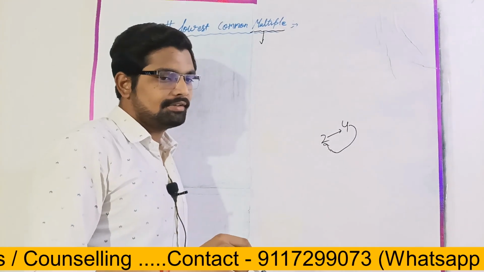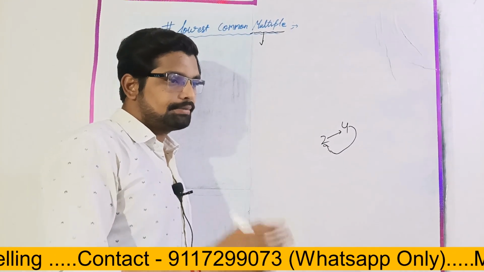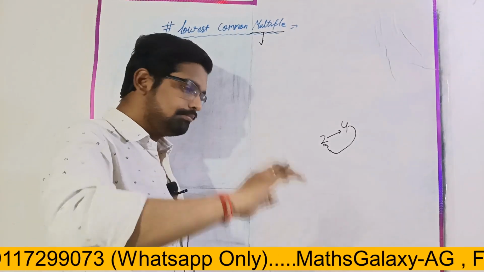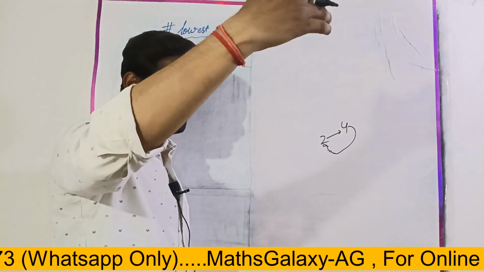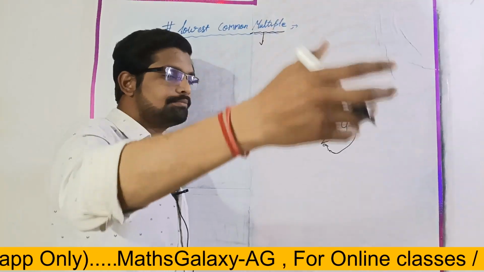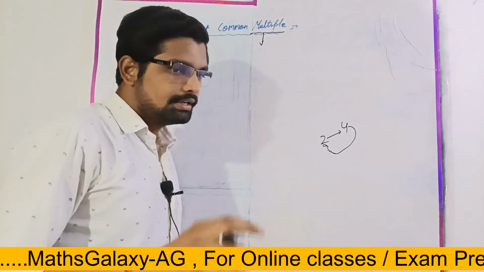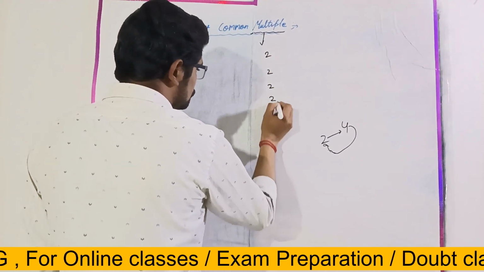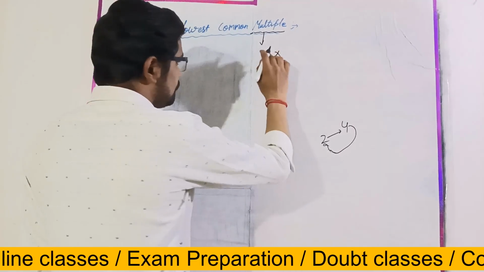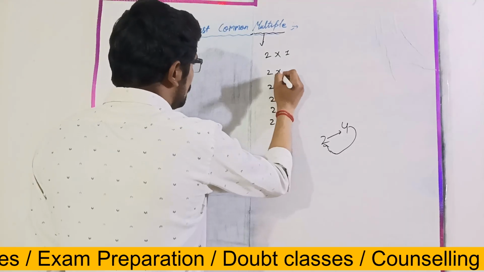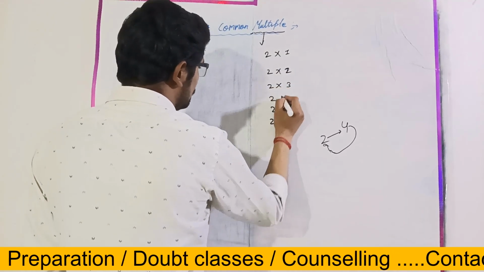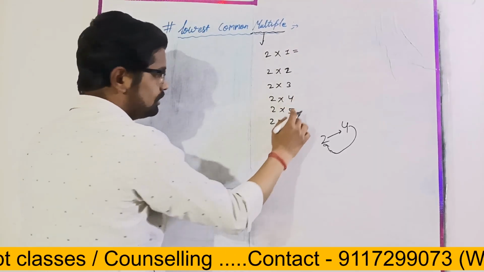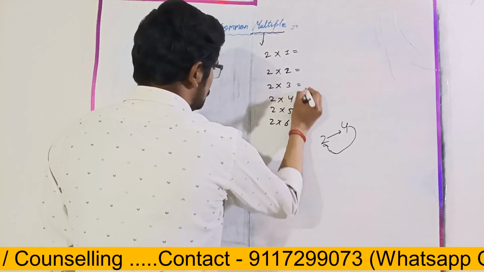Similarly, when we multiply the counting numbers with a number, the product which we get will be known as the multiple of that number. Such as here we are writing 2, and multiplying the 2 with the counting numbers 1, 2, 3, 4, 5 each time.